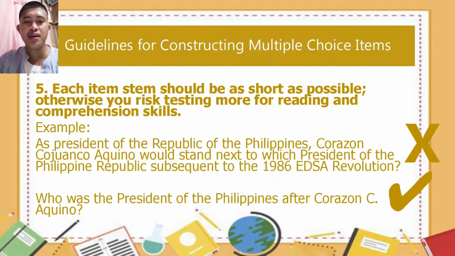It is a better example than this: As a president of the Republic of the Philippines, Corazon C. Aquino would stand next to the president of the Philippine Republic subsequent to the 1986 EDSA revolution. As you can see, it is very long, so students cannot understand it well if they have slow reading comprehension. So students just guess or randomly pick an answer because it is very long to read.